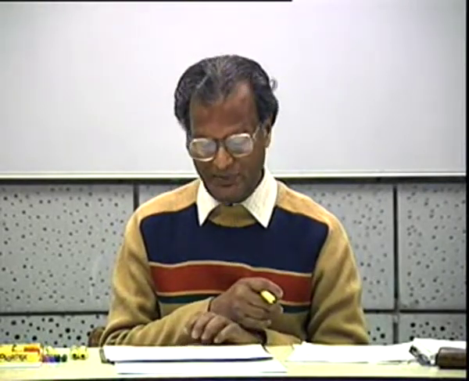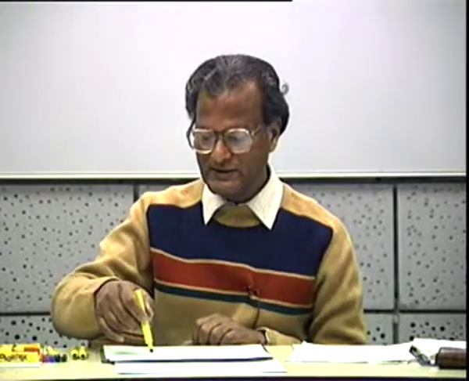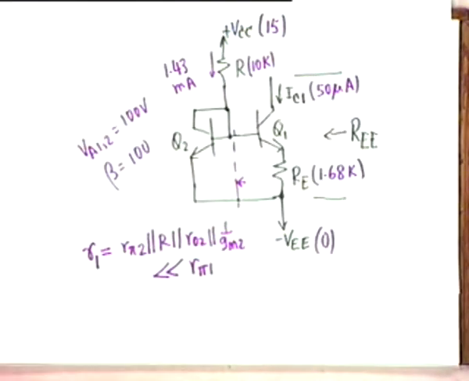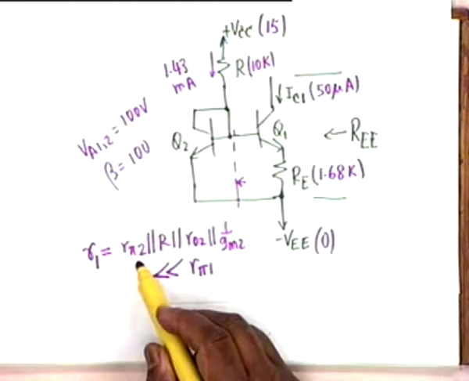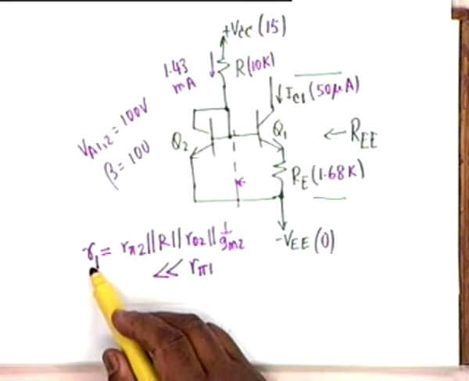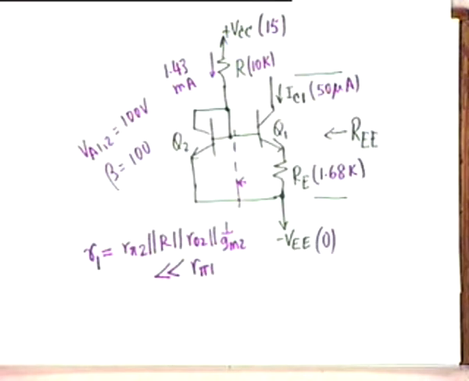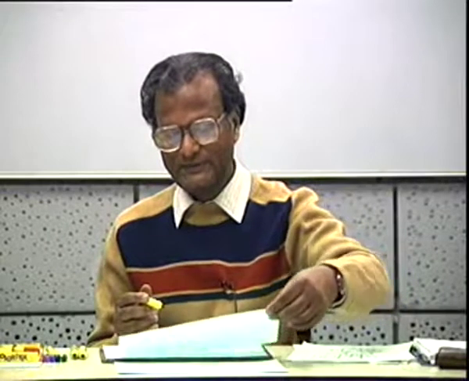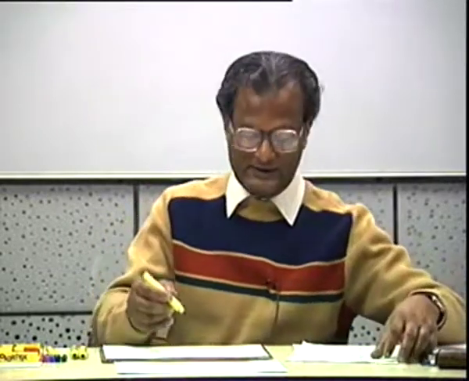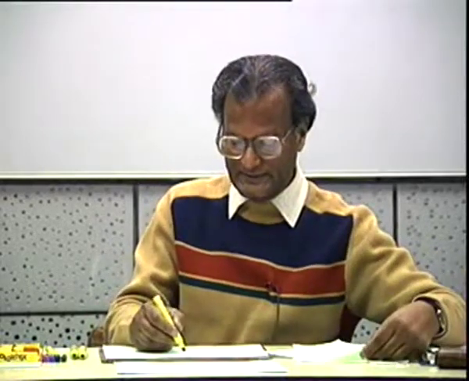Is the logic clear? Because R pi is inversely proportional to collector current, and the two collector currents are widely different, R pi 1 would be much larger compared to R pi 2, and R1 is smaller than R pi 2 because it's paralleled by a number of other resistors, and therefore the simplified equivalent circuit would be like this.